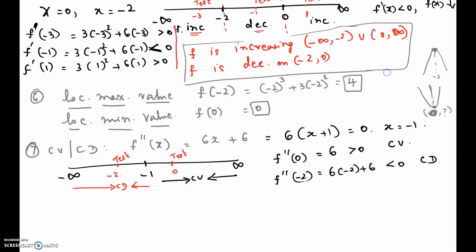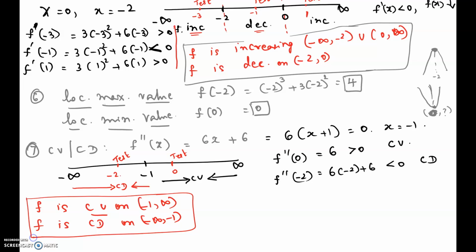So we'll write that part. So f is concave up on -1 through infinity. F is concave down on -infinity through -1.